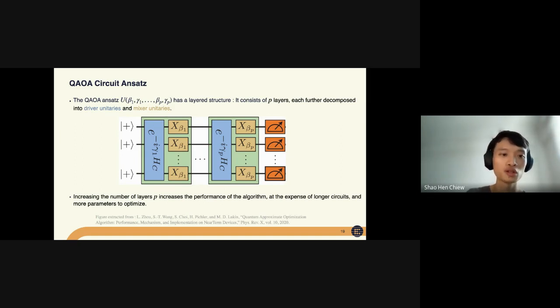And also to minimize the number of variational parameters, since if you increase the number of parameters, the algorithm becomes more and more difficult to optimize over. So it's really a trade-off. Increasing P improves the performance, but requires more classical and quantum computational resources. It's similar, if you're familiar with neural networks or machine learning algorithms, to how by increasing the number of parameters or the size of the neural network, you improve the performance.